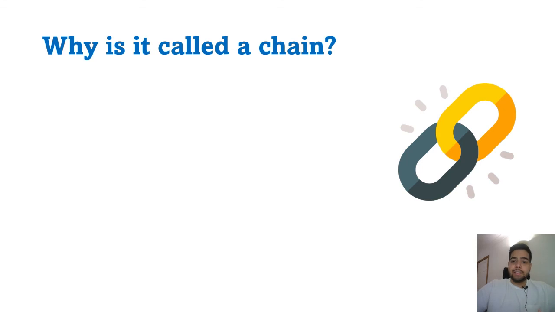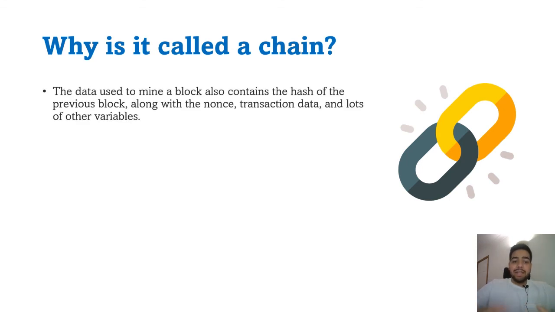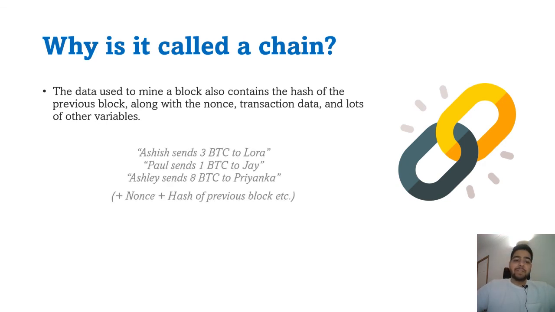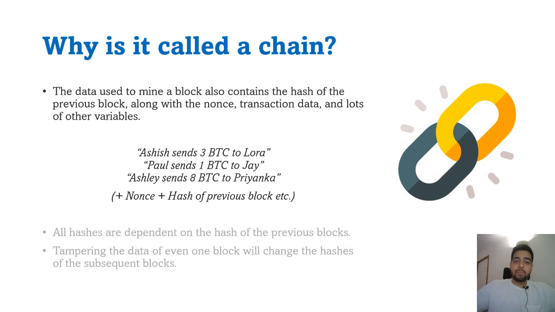Why is it called a chain? This is because the data that is used to mine a block contains the hash of the previous block, plus the transaction data, the nonce, the difficulty, and lots of other variables. I lied in the previous slides because I wanted to make things easier for you. So it contains the data of people sending money to each other, but apart from that, it contains lots of other variables as well.